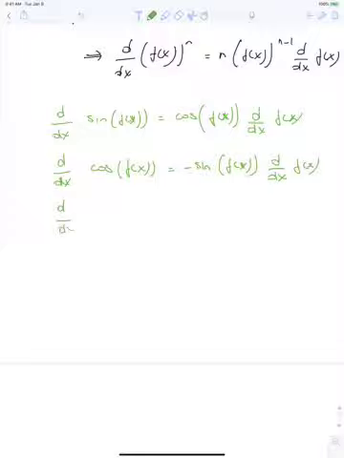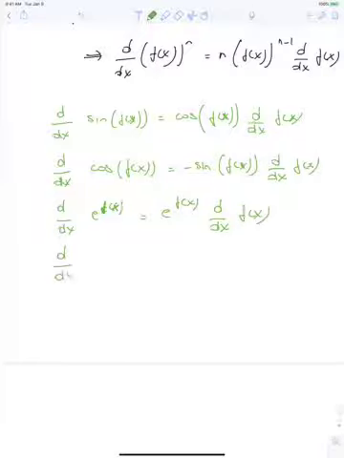The derivative of e power f of x. Well, this is e power f of x because the derivative of e power x is the function itself, times the derivative of f of x.